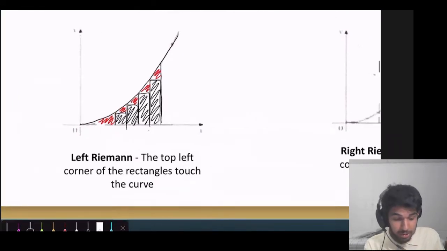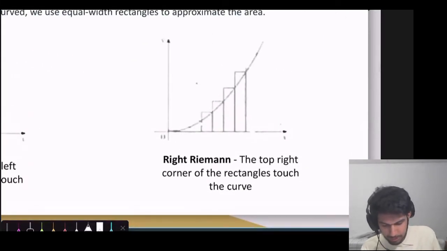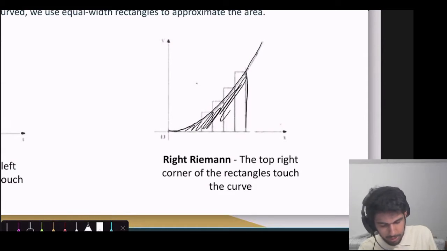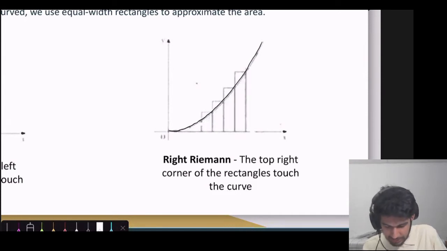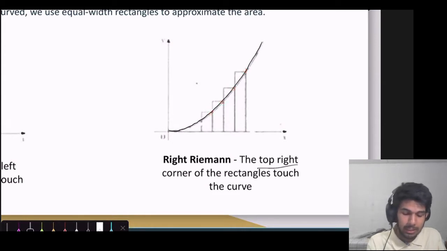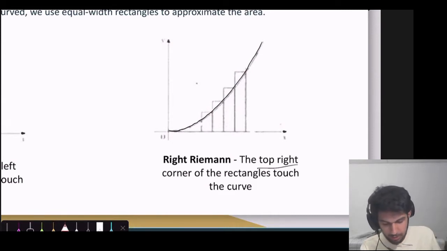Similarly, we can have a right Riemann sum. So we have the same function here, and we're looking at the area here, right? This is the total area that we're looking at. And we have rectangles once again, except now the top right corner of the rectangles touch the curve. So that's here, here, here, here. And once again, what we're saying is that if we take the areas of these rectangles, that'll give us a good approximation for the area under the curve.